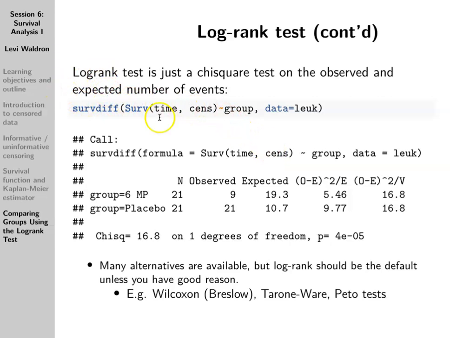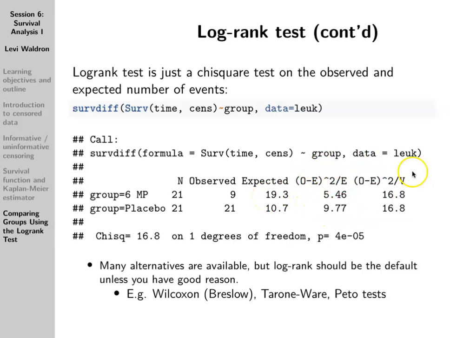I'm actually calculating this here with the survdiff function, and it's showing me the number of observed events in each group, and it's estimating an expected number of events in each group based on the follow-up times.